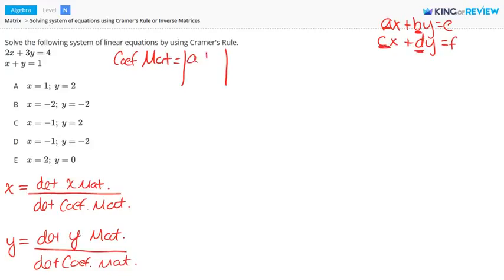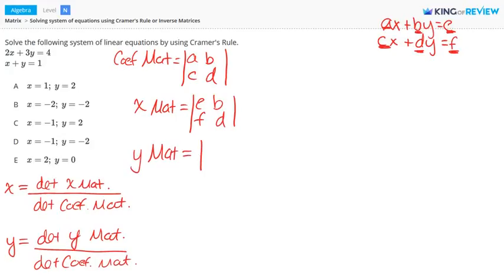So A, B, C, and D. The x matrix, this starts with E and F. And you can see that E and F are the constants of the two equations. And then we have B and D. And then the y matrix, this is equal to A, C, E, and F. So this is how we set up the matrices.